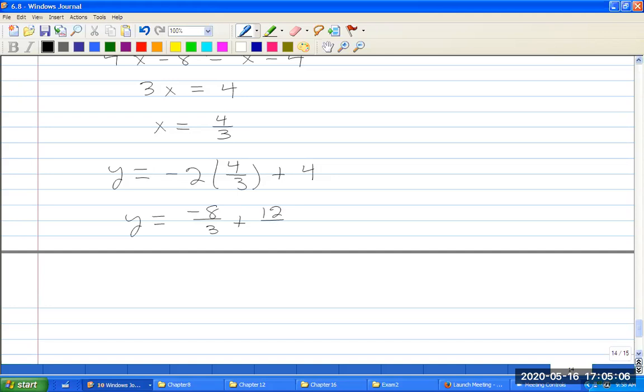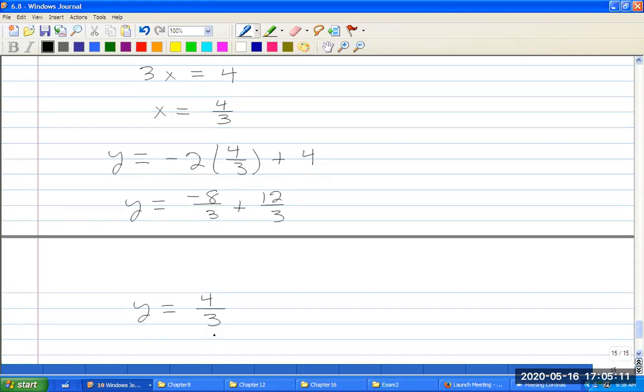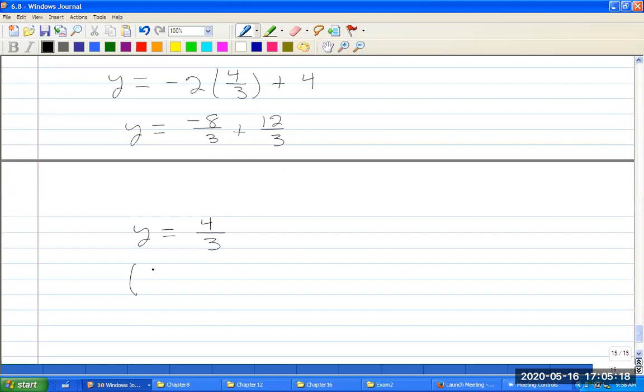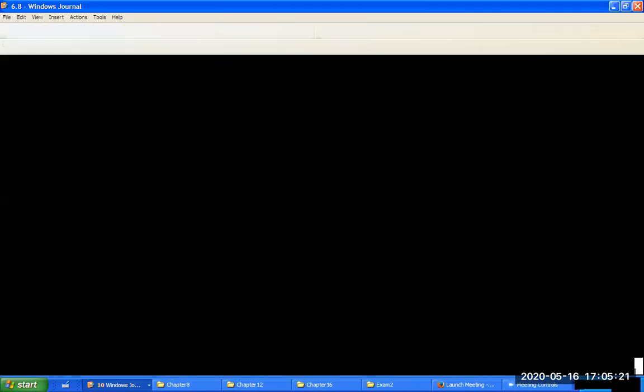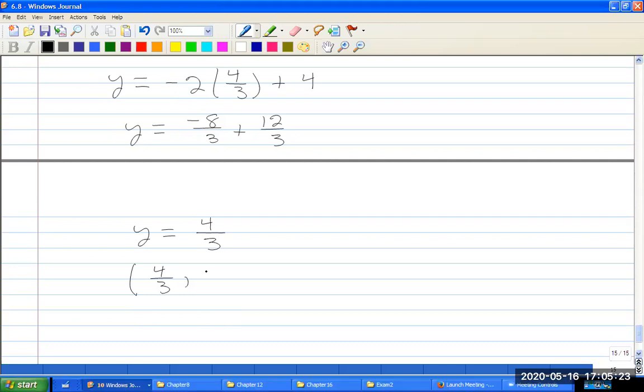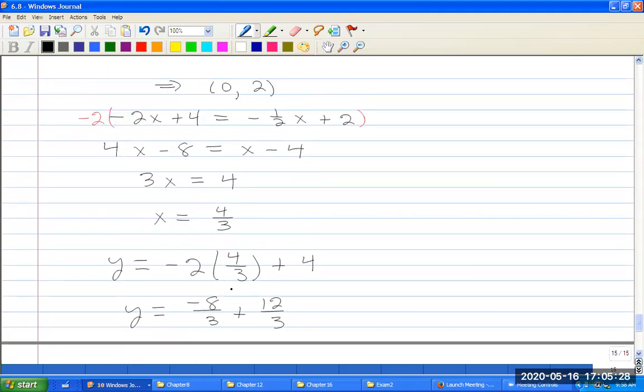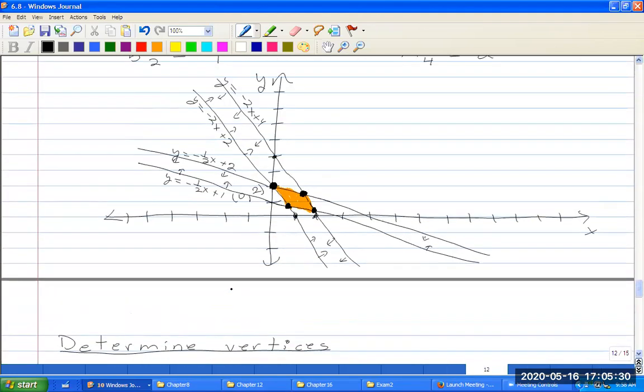So y is equal to 4/3. Therefore, another vertex is at 4/3, 4/3. And so that's another vertex here at 4/3, 4/3.